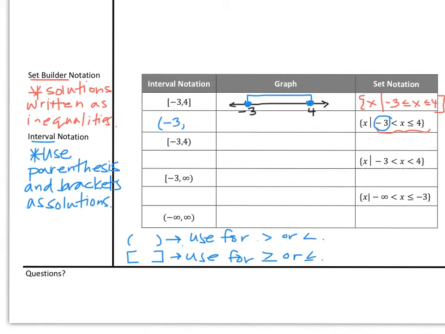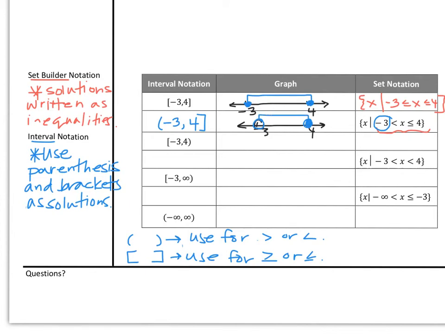On the right, 4 has a less than or equal to between x and the 4, so that will get the bracket. Then on your number line, -3 would have an open circle this time. I want it in blue. So -3 will have an open circle, 4 would still have a closed circle, and notice they're in between, so we would just connect them.